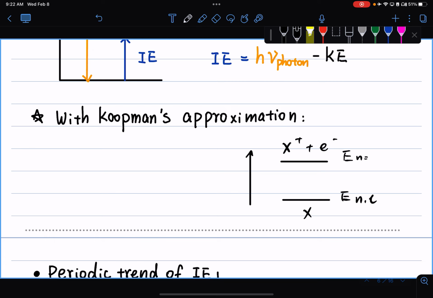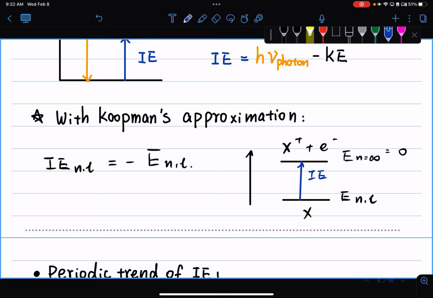So n equals infinity and energy equals 0. So this process is the ionization energy, and the measured ionization energy of a given atomic orbital is roughly equal to the negative energy of that atomic orbital. Just going to write it again.